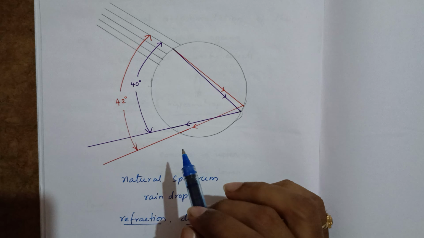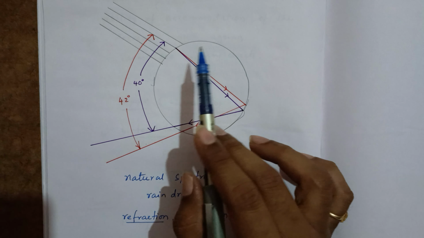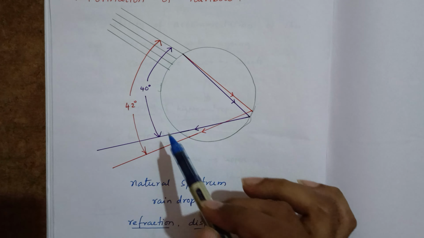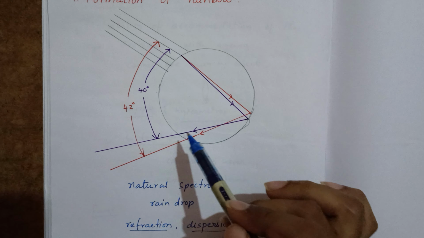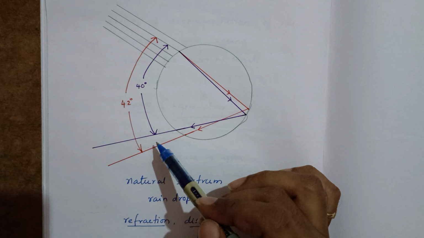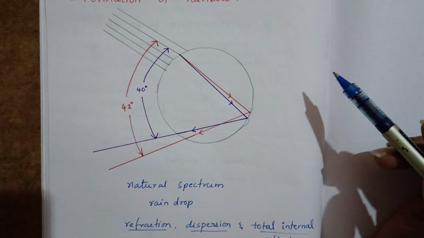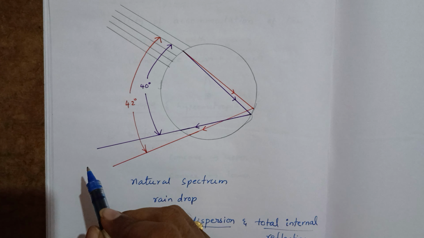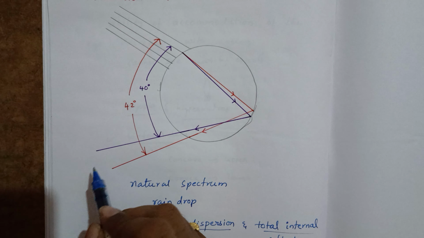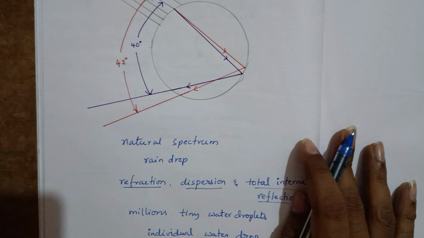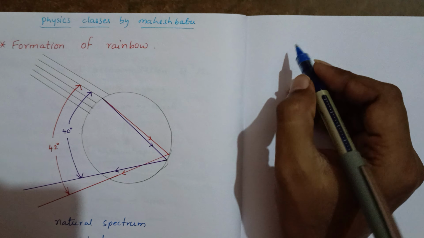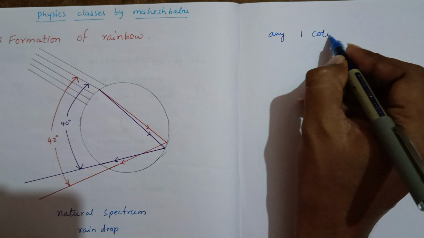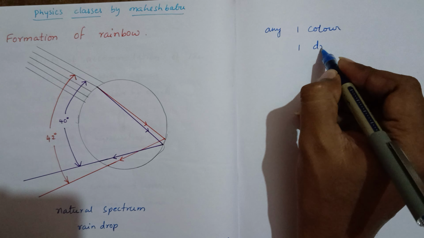Each drop is dispersing 7 colors, but based on the position of the observer, he can see only one color from one drop.